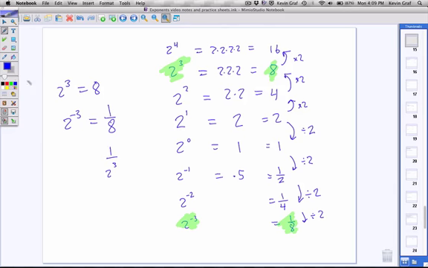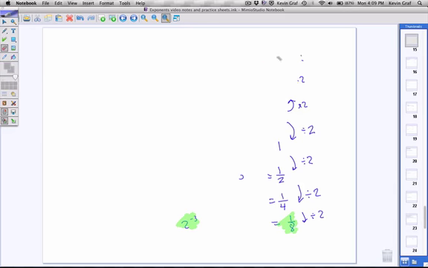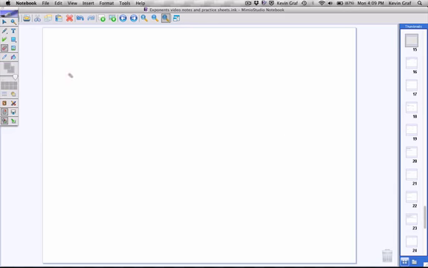If I had, instead of a 2, an x, x to the 0 would be 1, x to the 1 would be x, x to the 2 would be x times x, so x to the negative 1 would be 1 over x.